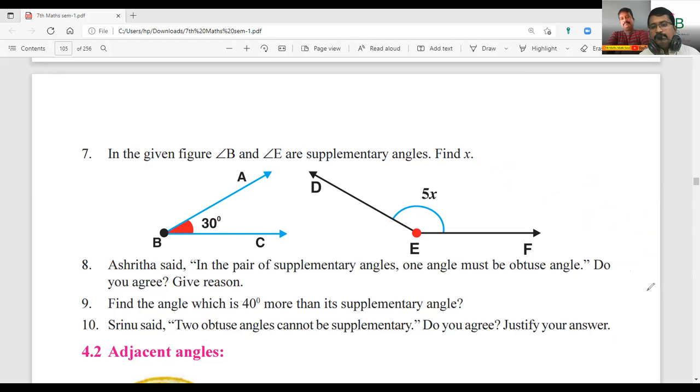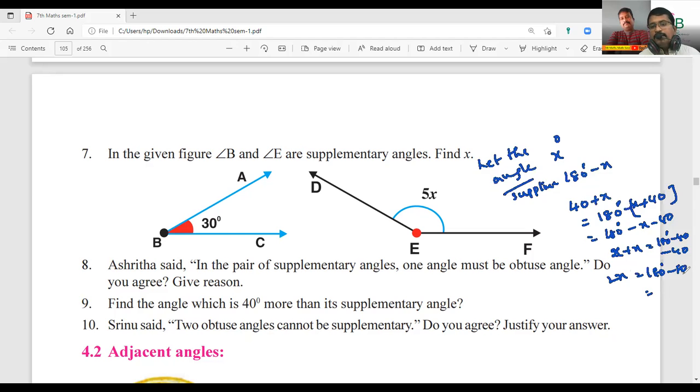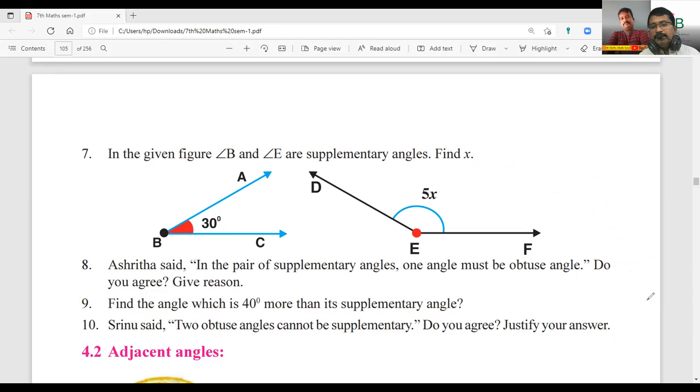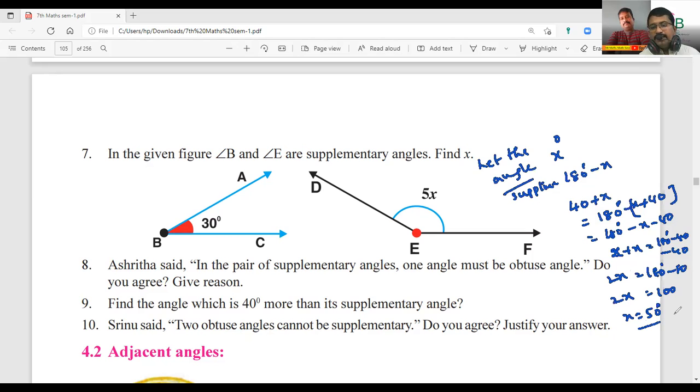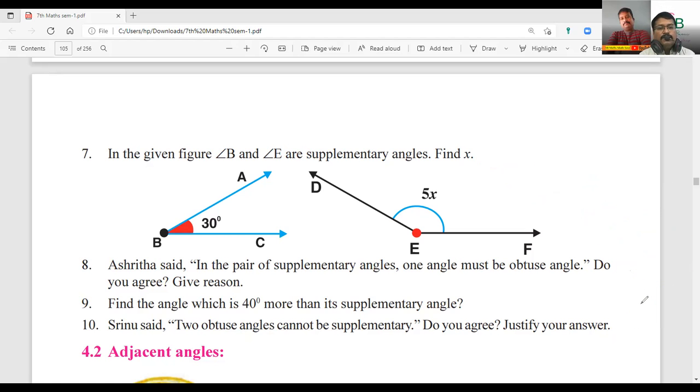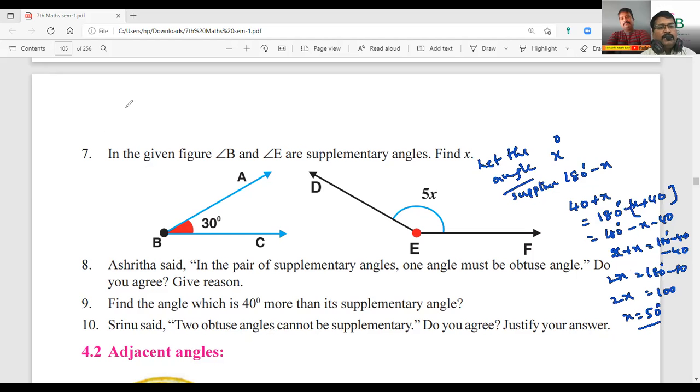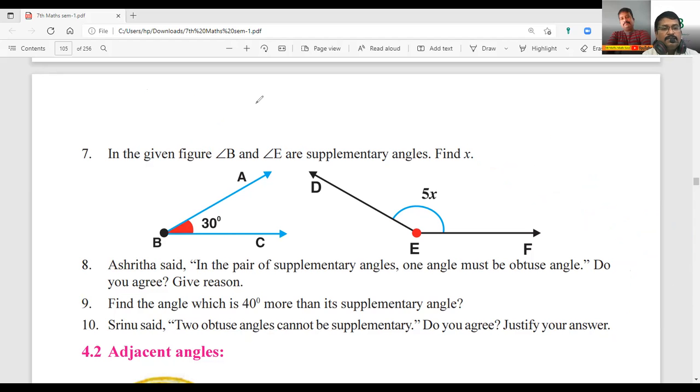So 2x is equal to 100, x is equal to 50. X is equal to 50. Okay? So what is the supplementary angle of 50? 180 minus 50, that is 130.